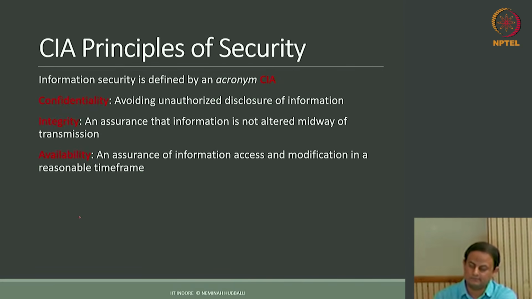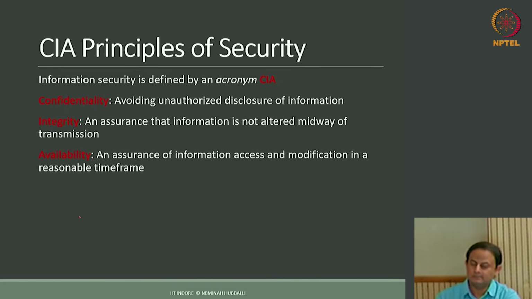If you recollect the first diagram that we showed, the file was moving from user A to B. During that transmission, someone sitting in the middle is either accessing the file or fabricating some data and then sending it to the target. Those are all compromises of integrity. We don't want such things to happen. And the third is availability.